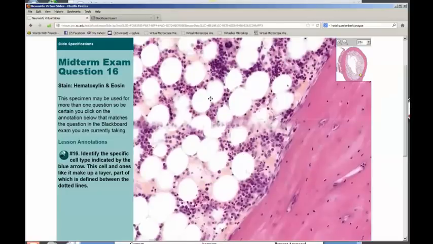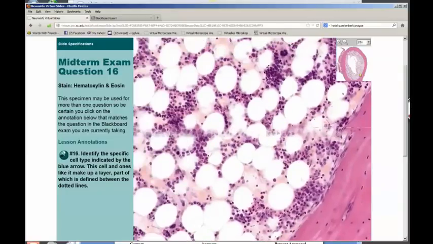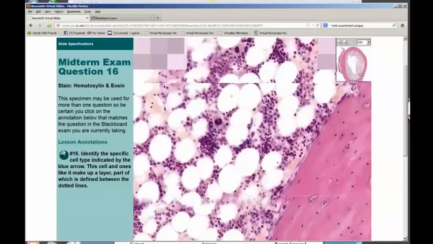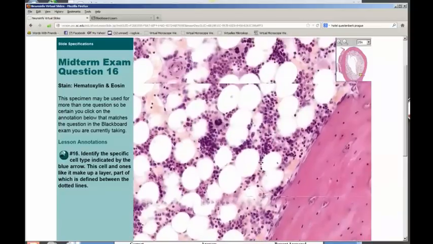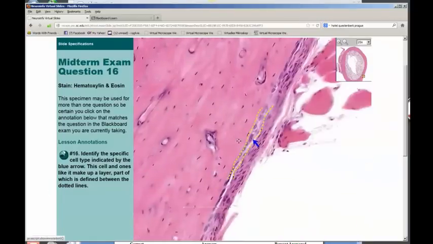There's a lot of adipose tissue. This would be pretty much yellow bone marrow with a little bit of bone-forming cells. In fact, there is a megakaryocyte right there. So moving back across here to where we were asked the question, this is the osteogenic layer of the periosteum, and those cells are osteoblasts.